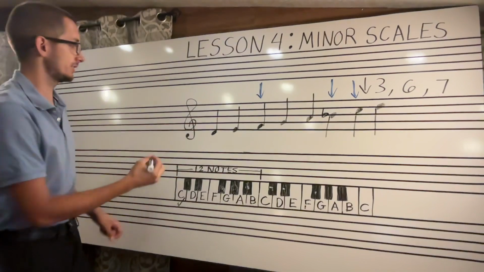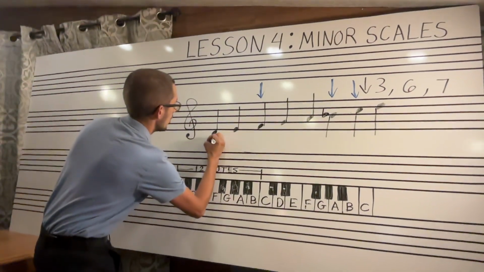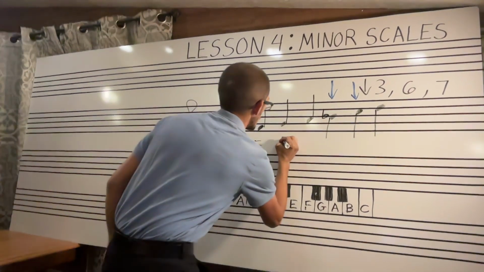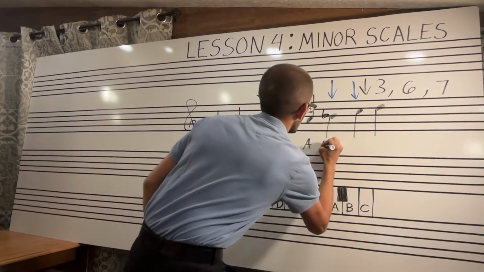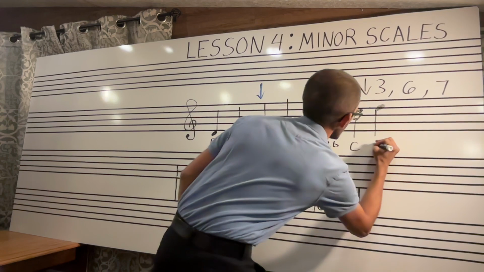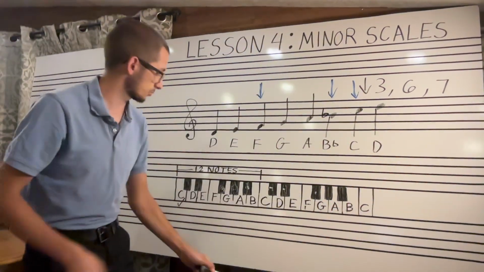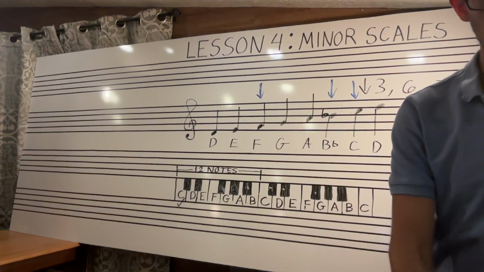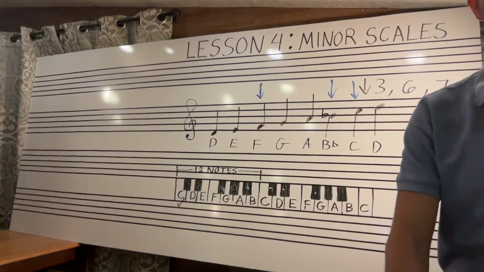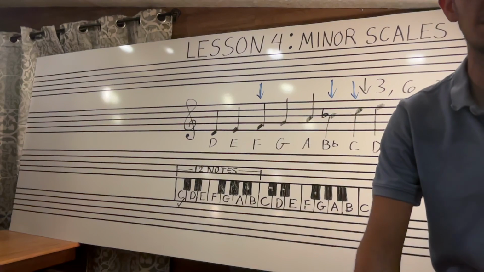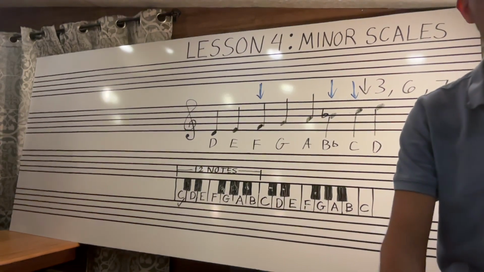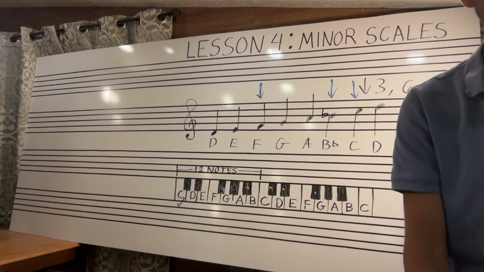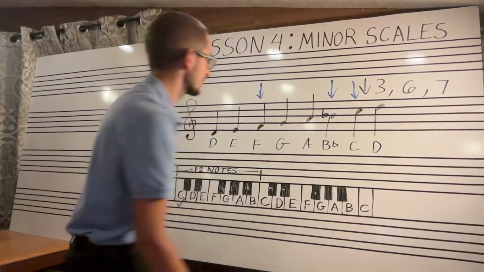So the notes of our D natural minor scale are D, E, F, G, A, B flat, C, and D. This is what that sounds like. D, E, F, G, A, B flat, C, D, C, B flat, A, G, F, E, D. So that is our D natural minor scale.